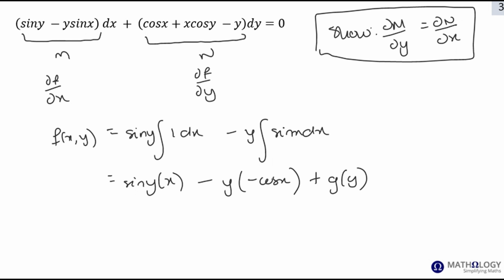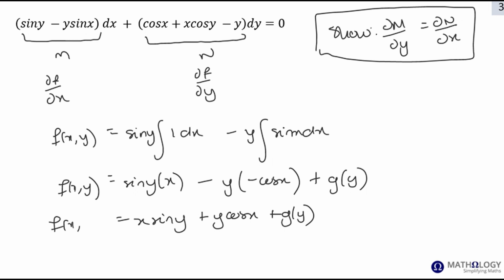So when we differentiate with respect to x, the derivative of a function of y is going to be 0. So just cleaning this up, we have x sine y plus y cos x plus g of y.